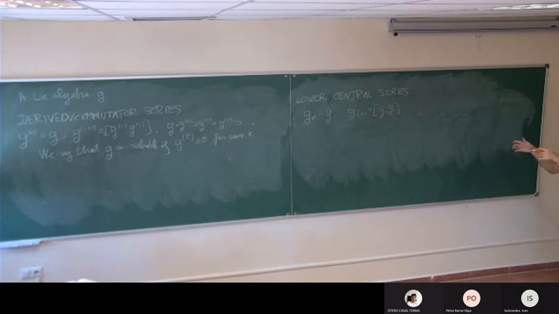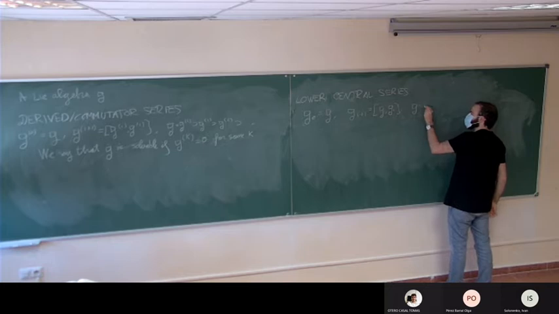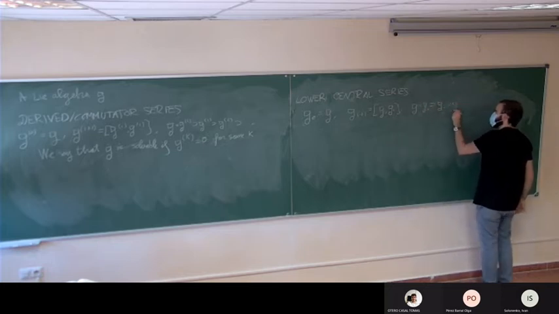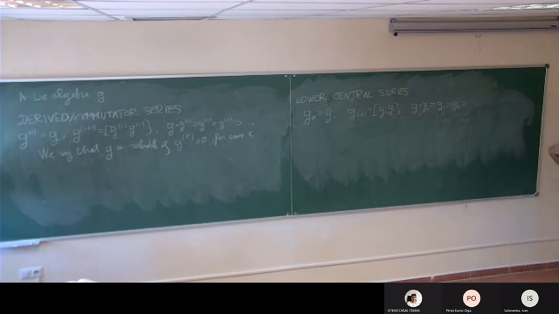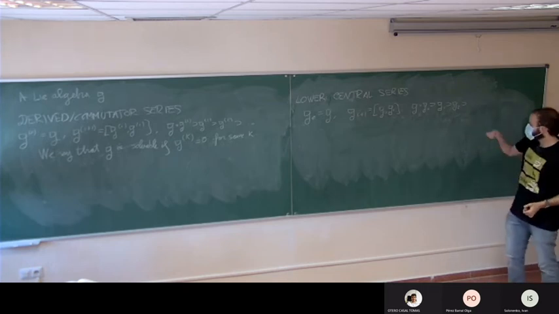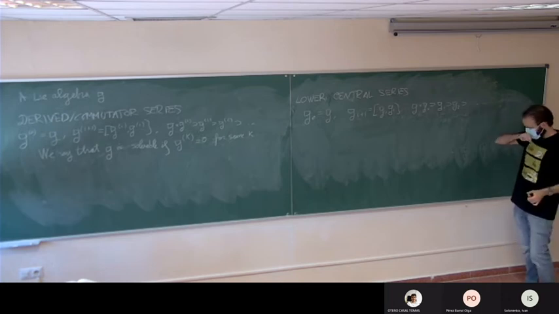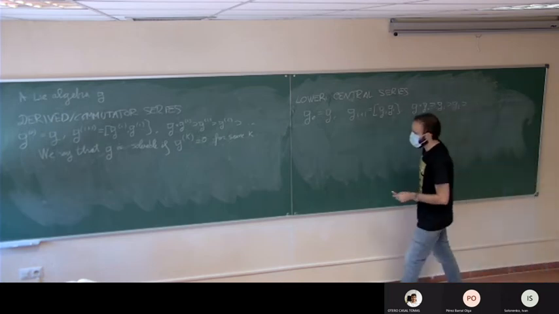Again, everything is an ideal of what comes before it, and we have a chain G = G_0 contains G_1, contains G_2, and eventually this will stop because of finite dimension.